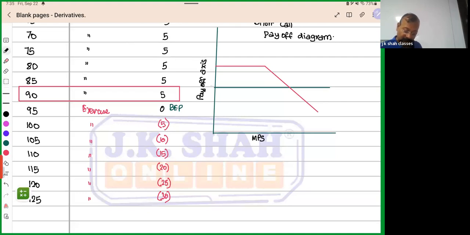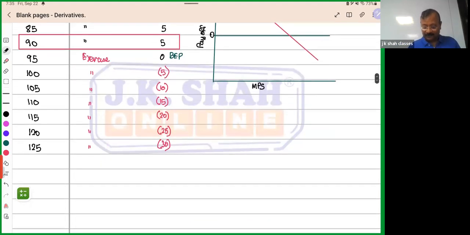This is the 0 point. Here, where is the break-even point? How will you express the break-even point? Strike price minus premium.